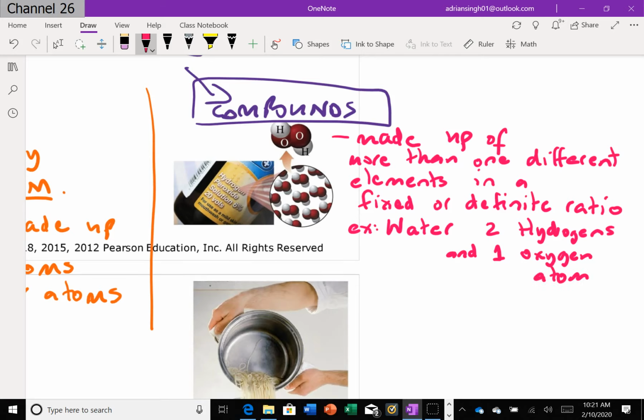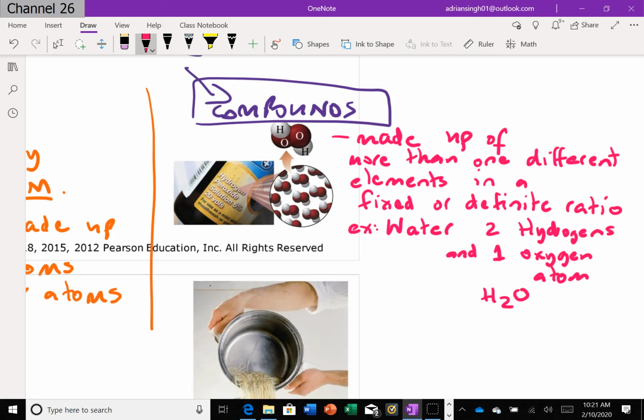You may or may not know this, but the chemical formula for water is H2O. And that actually tells you the ratio of those two things. So we have two H's to one oxygen. And that's always going to be the makeup of water.